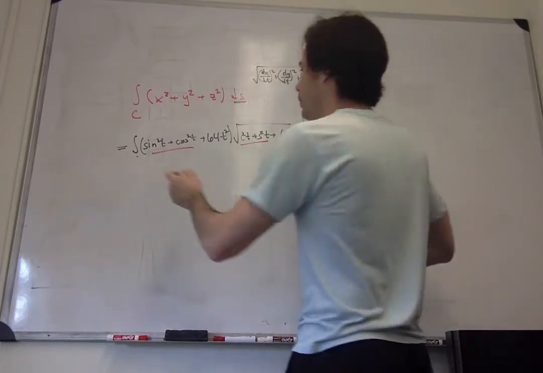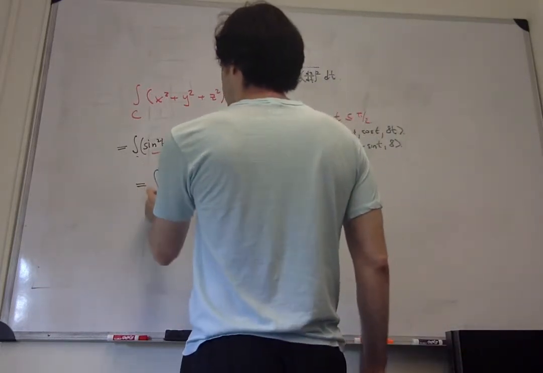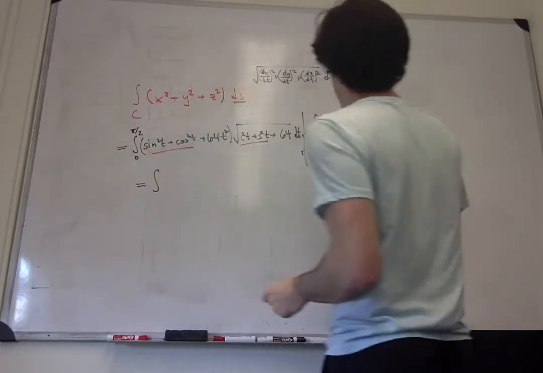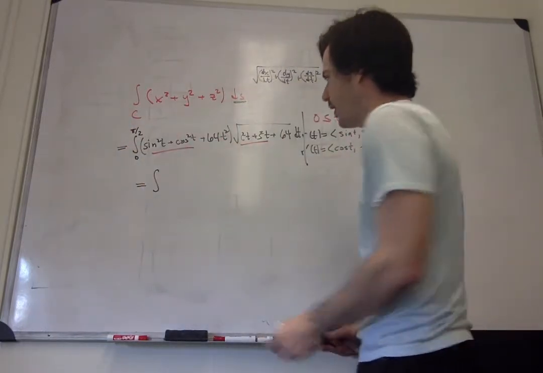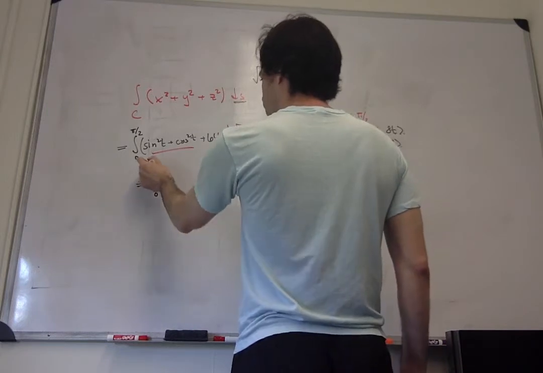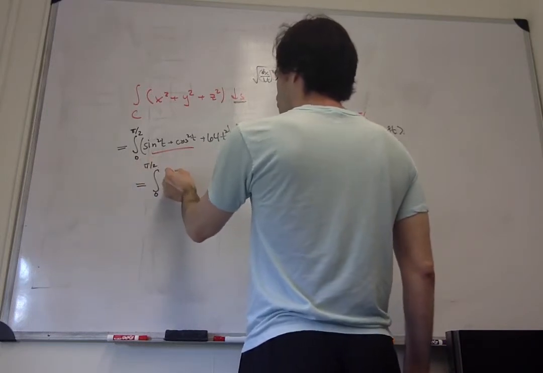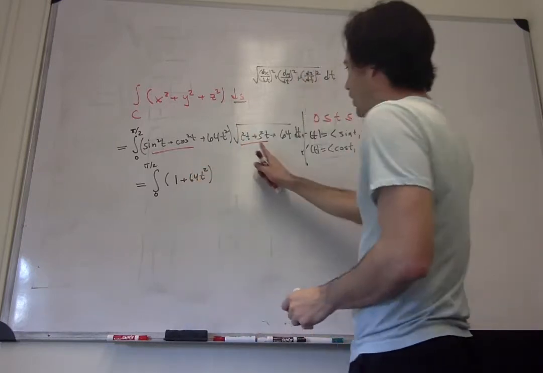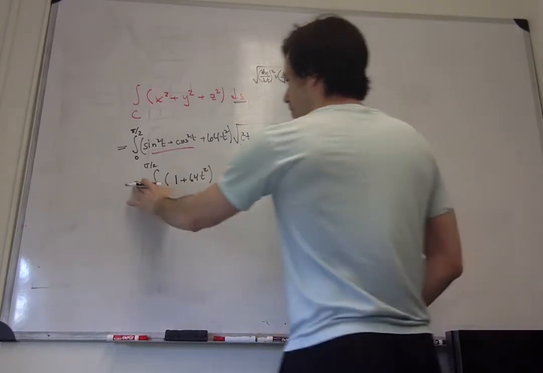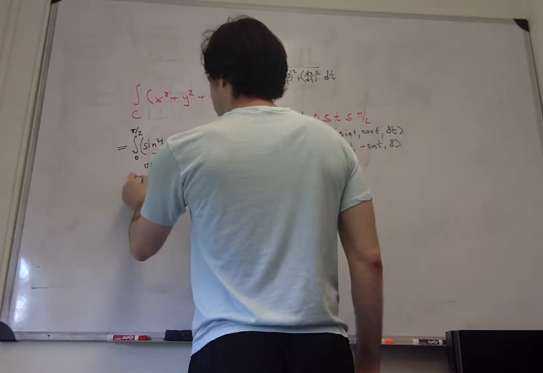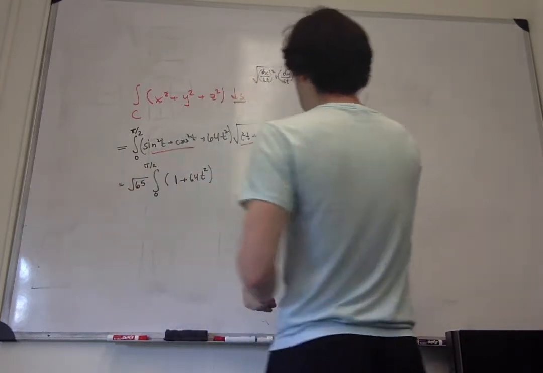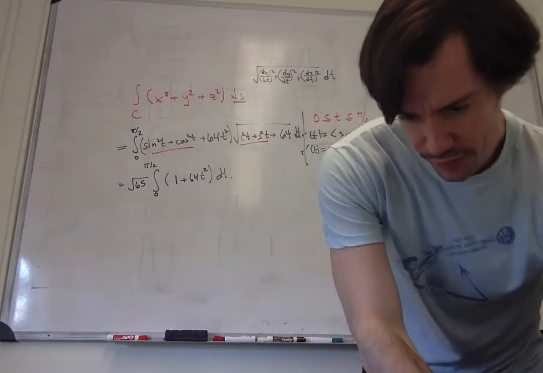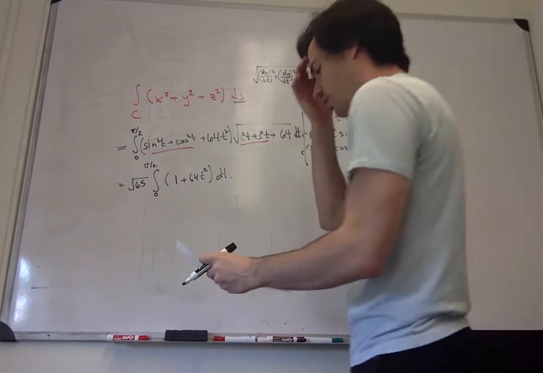So, what does this do? Well, I integrate this from 0 to pi over 2, because that's what was given. So this is 0 to pi over 2 of the square root of 1 plus 64t squared. This is 1 and 64, so that's going to be the square root of 65, and then a dt. Okay, so we're just about finished with this first exercise.